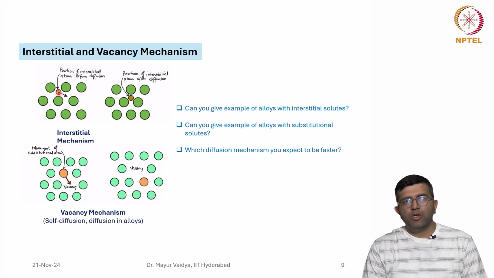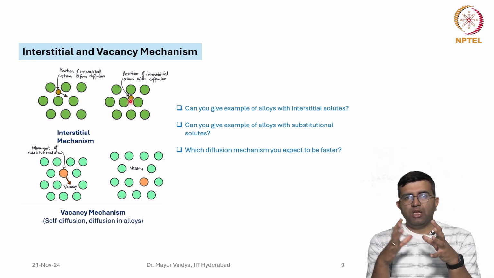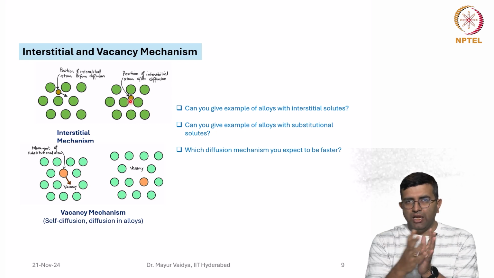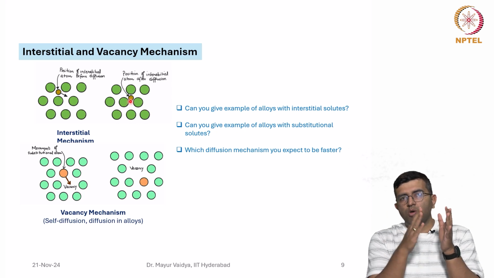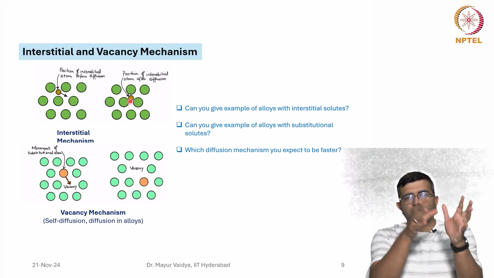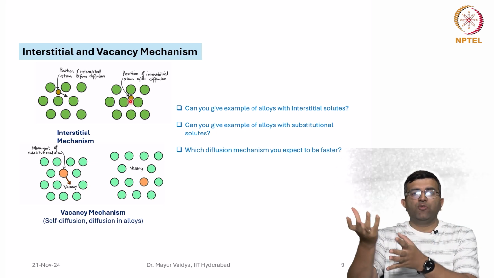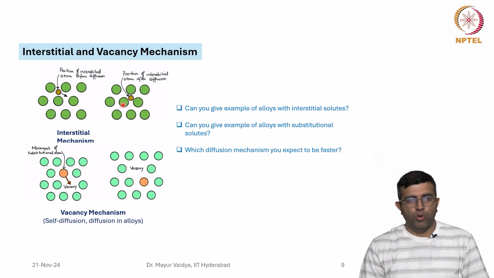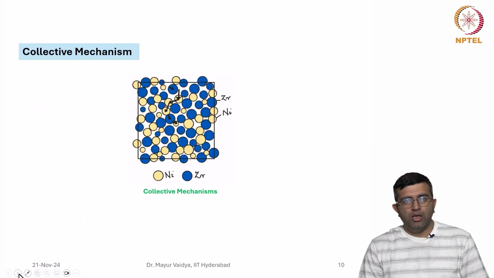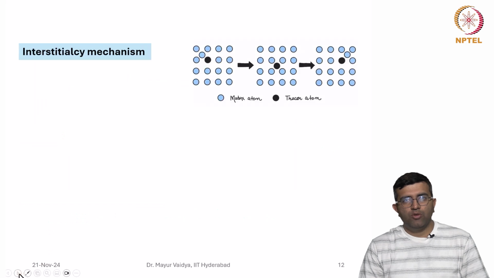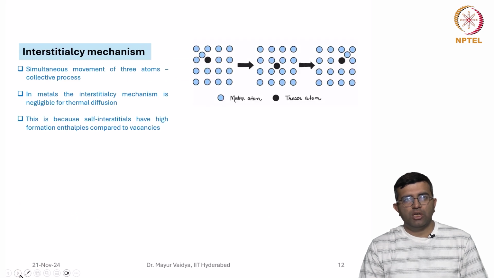Here this interstitial atom is jumping to the next interstitial site. This atomic jump is happening, and we understand there is a certain barrier for it. But now how do I relate this atomic jump to the diffusion coefficient that I have understood before? That is what we are going to do now for the interstitial diffusion case.